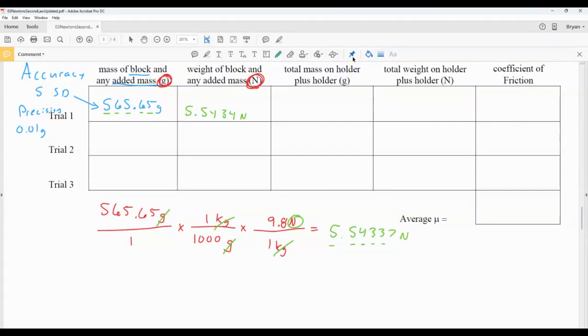But notice that my precision changed, because now once this is in newtons, I'll label these so they're easier to see. Our accuracy is 5 significant digits, but our precision changed to 0.0001. Notice 1, 2, 3, 4 decimal places, because that's what we kept, newtons.